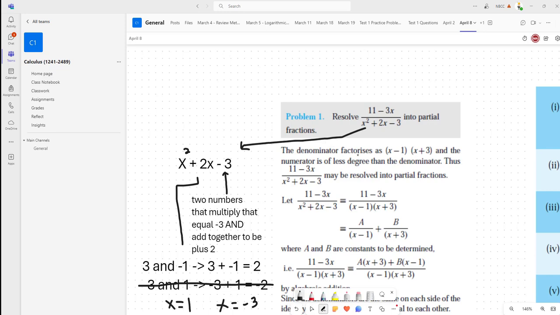So that's what this is basically saying: the denominator factorizes as x minus 1 and x plus 3.